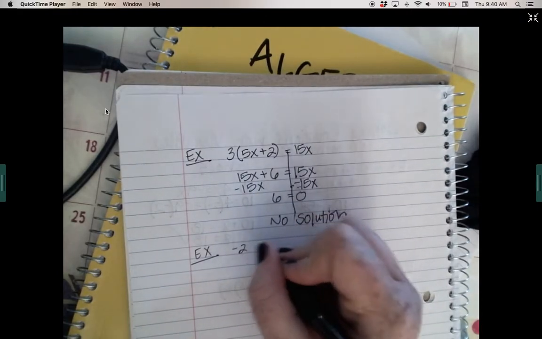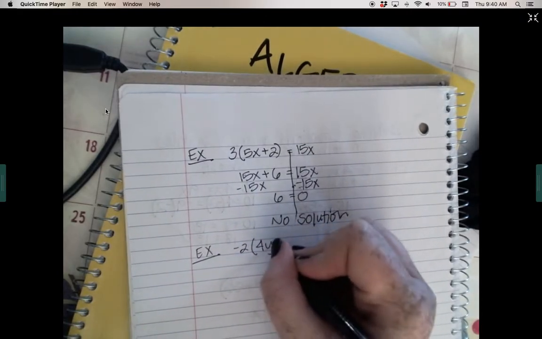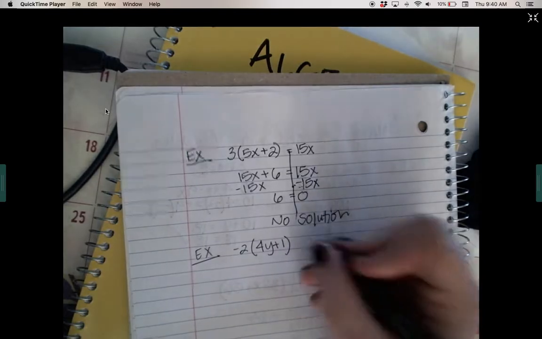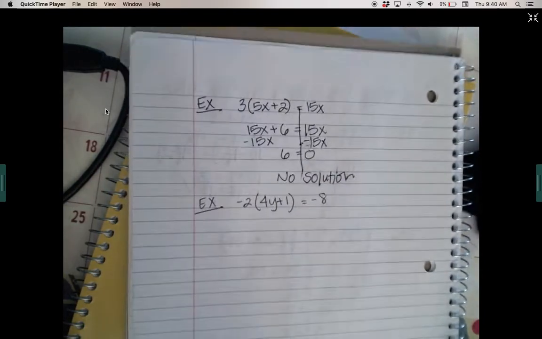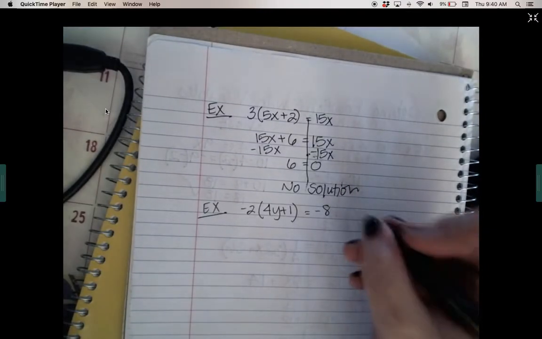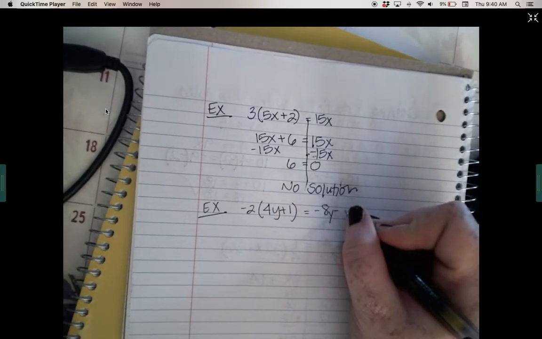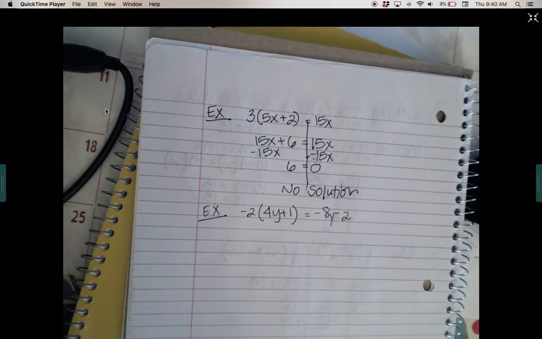So, negative 2 times the quantity 4y plus 1 equals negative 8y minus 2. Same steps. Distribute first. What's negative 2 times 4y?